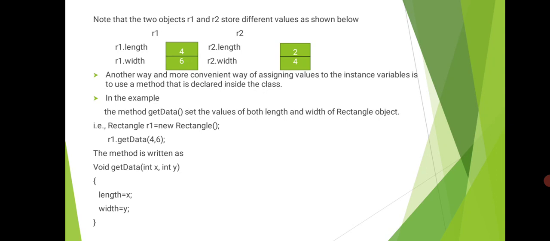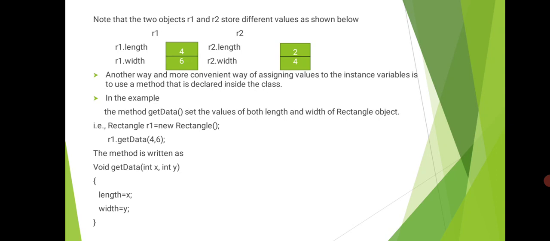Another and more convenient way of assigning values to an instance variable is to use a method that is declared inside the class. So the methods inside the class can store values into the variables, that is the instance variables. In the example, the method getData is a method inside a class, which sets the value of both length and width of a rectangle object.